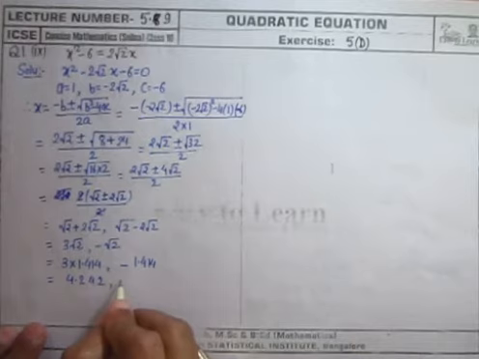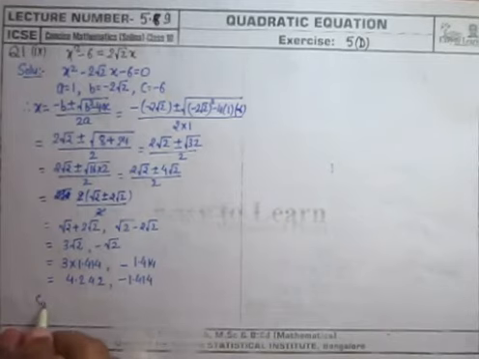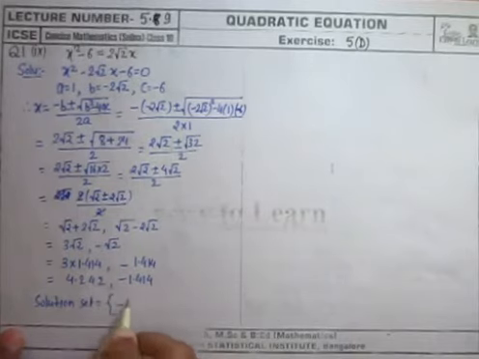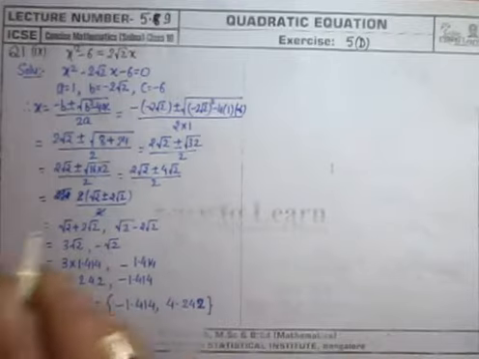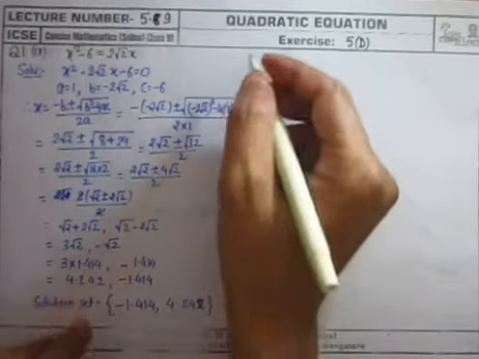It will be minus 1.414. So the solution set is curly bracket minus 1.414 and 4.243, answer.